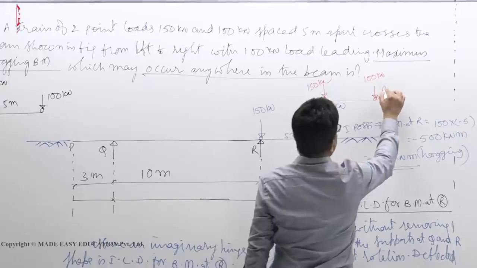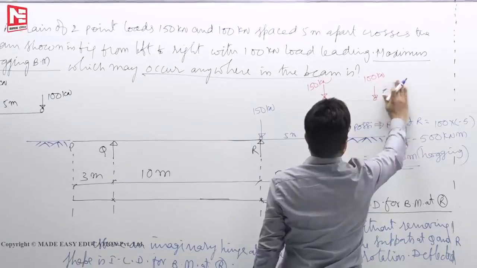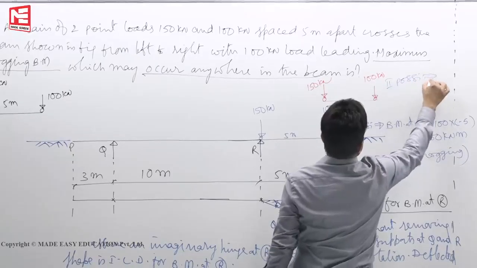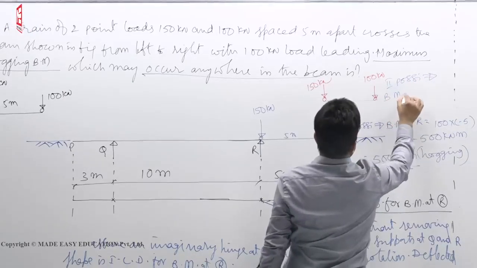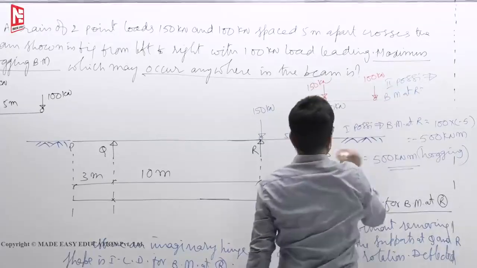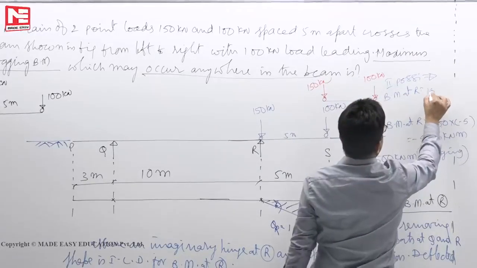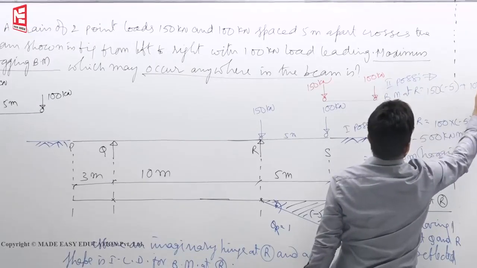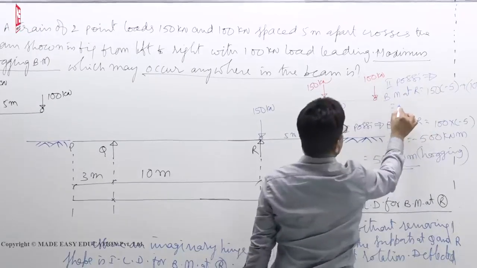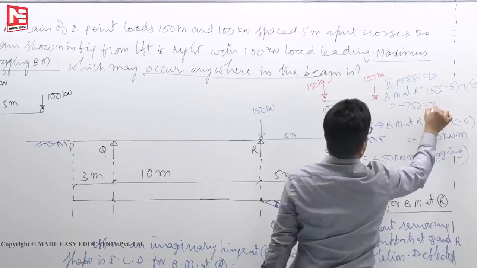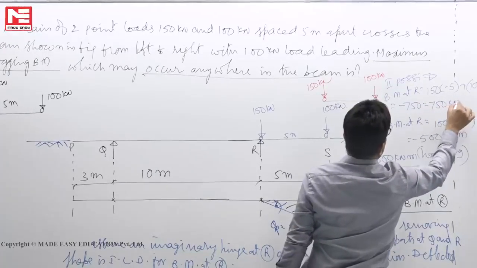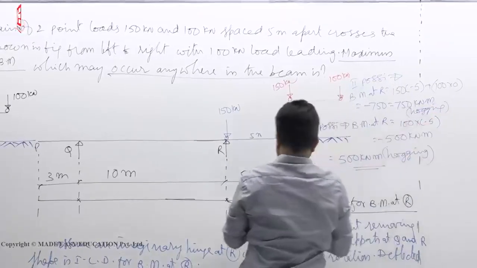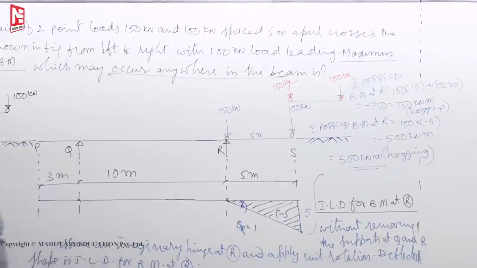This is second possibility. Bending moment at R means 150 into minus 5 plus this is 100 into 0. So you will get minus 750 or otherwise 750 kilonewton meter hogging. So maximum hogging bending moment is 750.